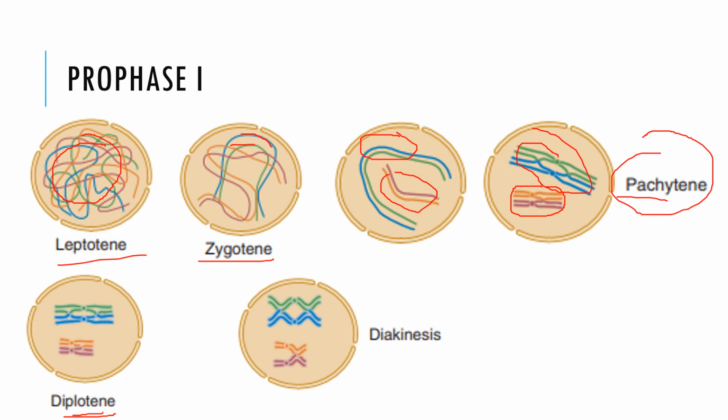Each cross connection, called a chiasma, is formed by a breakage and rejoining between non-sister chromatids. As shown in the chromosome and in the diagram, a chiasma results from physical exchange between chromatids of homologous chromosomes.